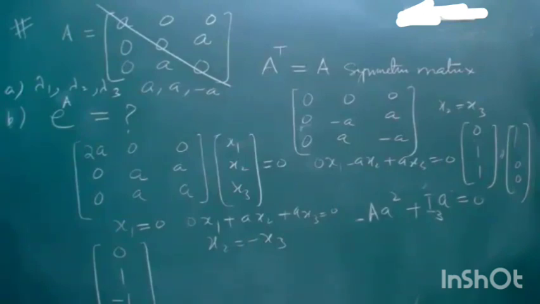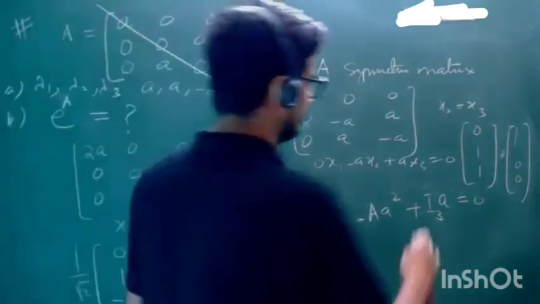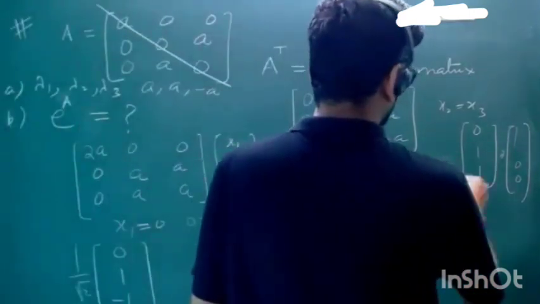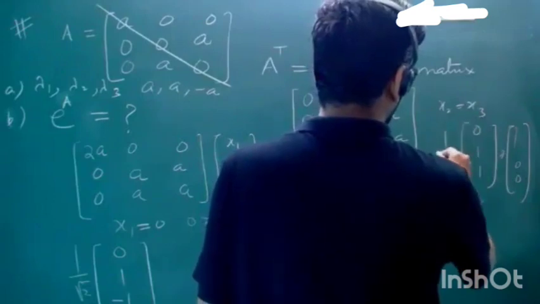Yes, sir. So that's why. So these are the eigenvectors, and if I write them in normalized form, it will be 1 by under root 2 here, and 1 by under root 2 here, and 1 here.